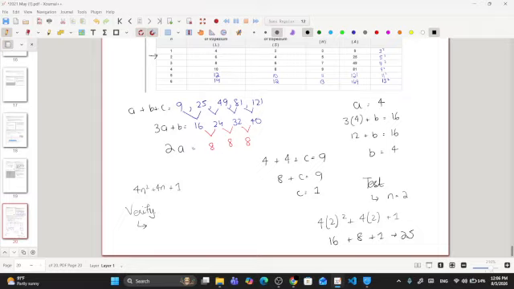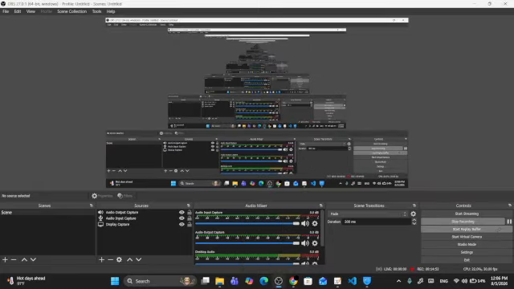Let's consider the value of n equals 5. 4 into 5 square plus 4 into 5 plus 1. 5 square is 25, and 25 times 4 is 100. 4 times 5 is 20, and 100 plus 20 plus 1 is 121. So that is the testing and the verification part completed.